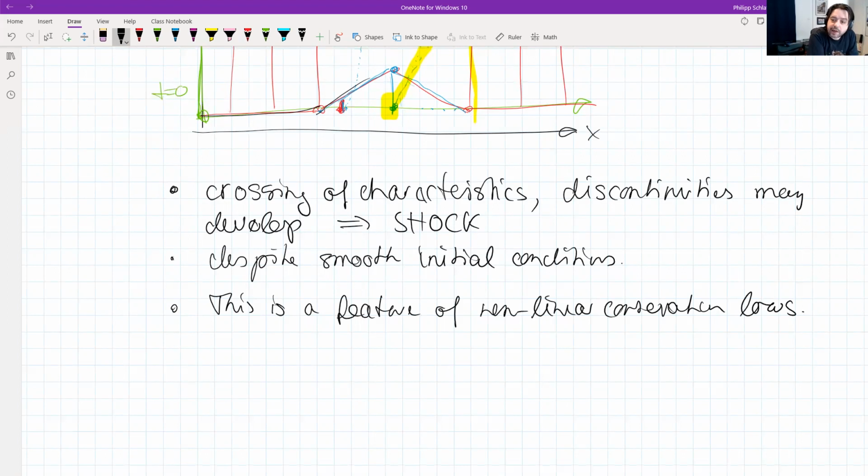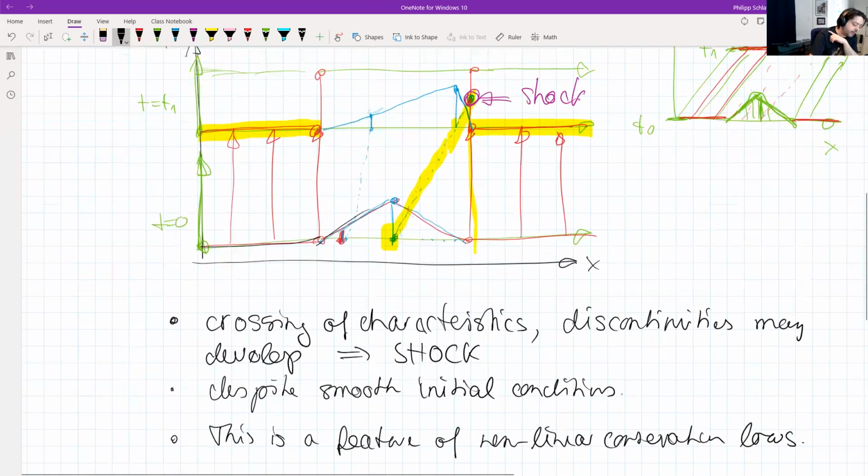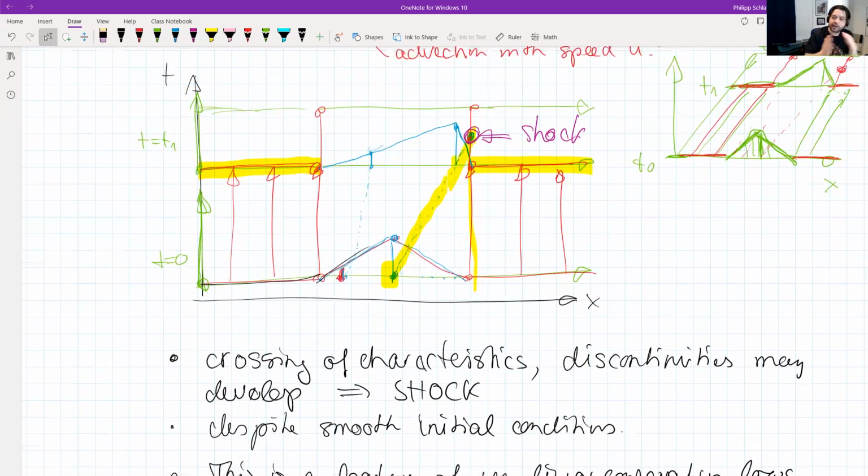And of course, that means for the numerical scheme, we need schemes that can actually deal with the fact that suddenly you get a discontinuity in the flow. General methods like spectral methods, which are based on a Fourier expansion, for instance, would not really work because they would have wiggles all over the place and would essentially blow up.